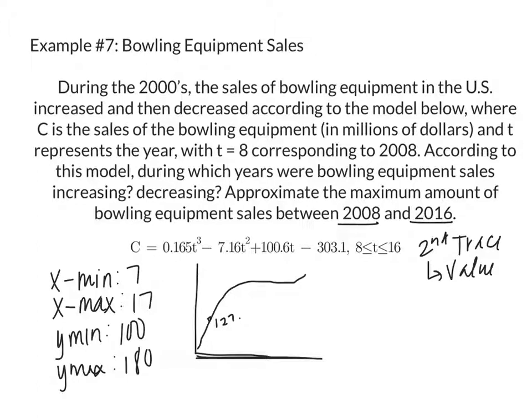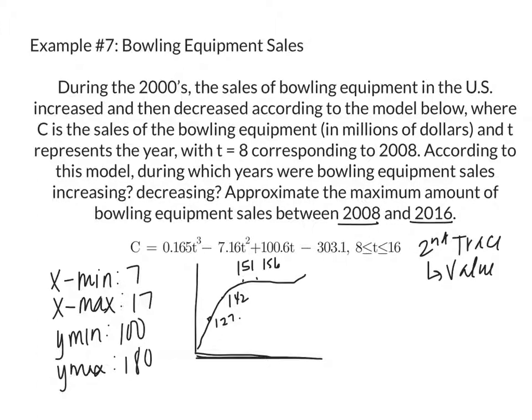If I do that again for second trace value and I go to 9, I get about 142, so it's still increasing. If I type in 10, my value is 151, so it's still increasing. Let's do 11 now. That's 156, so it's still increasing.